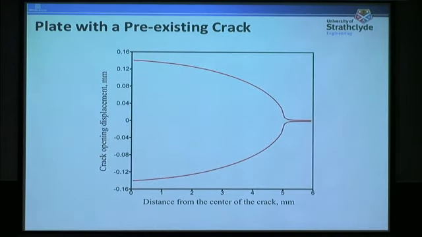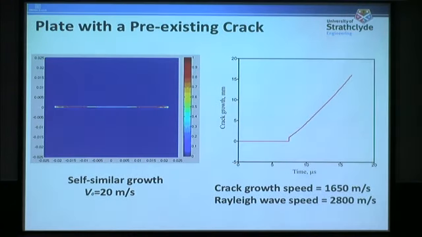Before actually allowing the crack to propagate, we look at the shape of the crack, and this is what we obtained. This is a cusp shape, and if you look at the shape of a crack in an actual sense, it has this shape as well. So peridynamics captures this shape correctly, and then we allow the crack to grow.